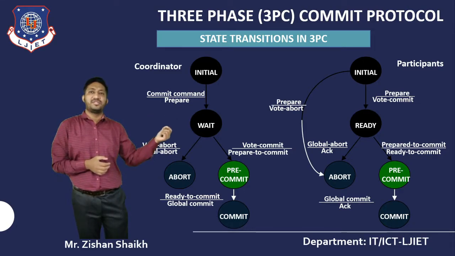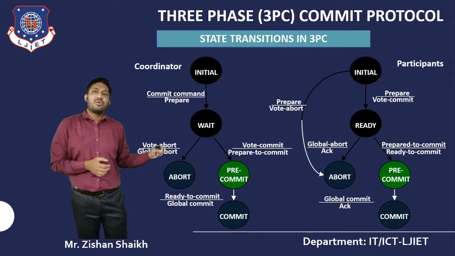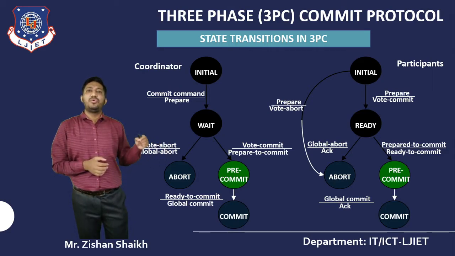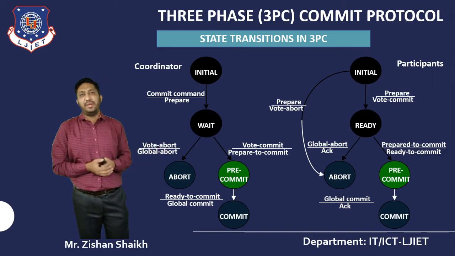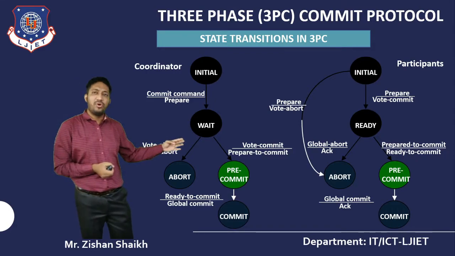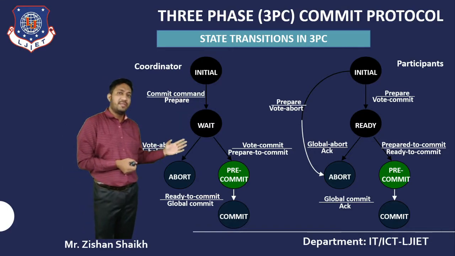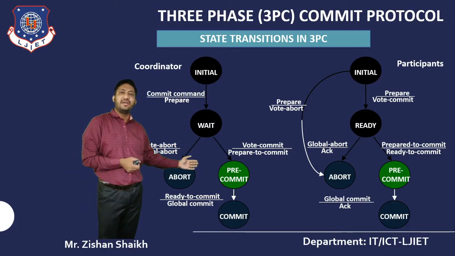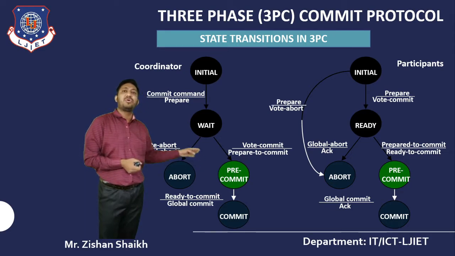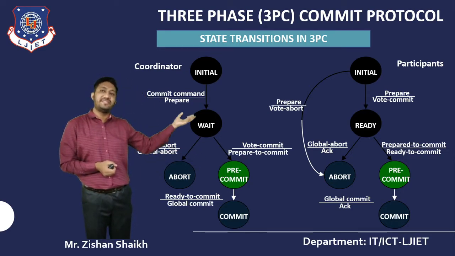In response, our coordinator is sending a prepare to commit message. So you can see here in the wait mode, if the coordinator is getting a positive message from the participant, then in response it will generate a commit in the background and send the prepare to commit message to all the participants.